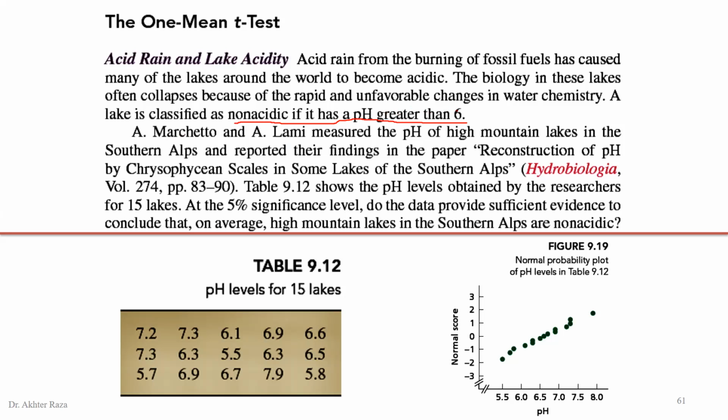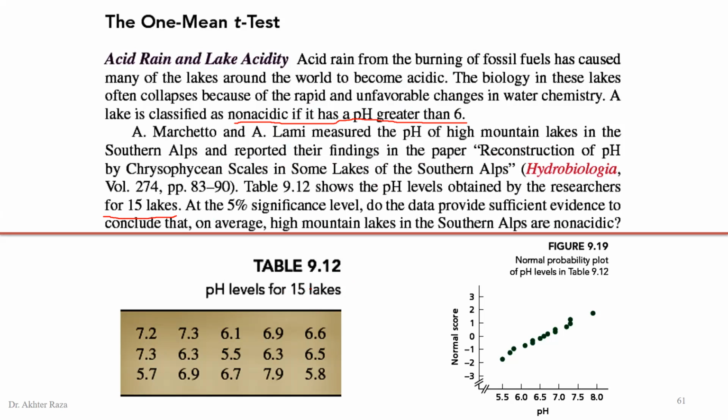If it is less than or equal to 6, the lake is assumed to be acidic. The pH value for mountain lakes in the region is recorded and a sample size of 15 is considered. So these are the pH values of 15 lakes.